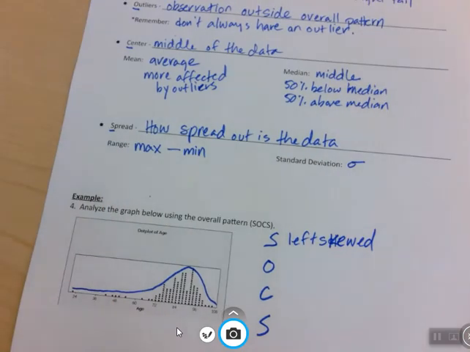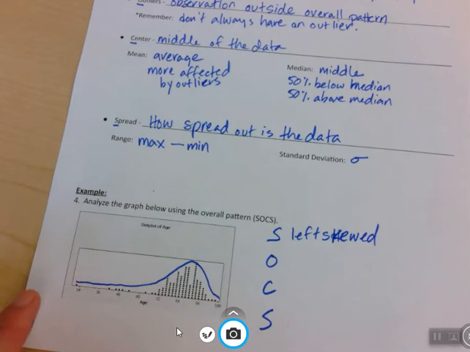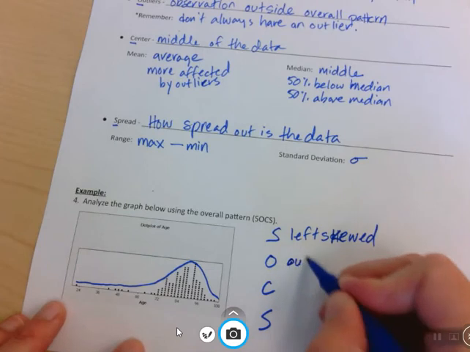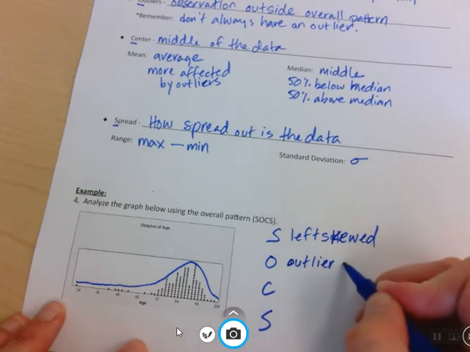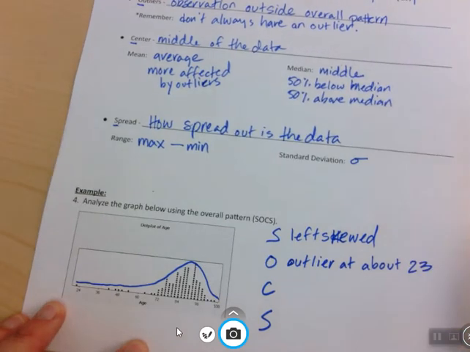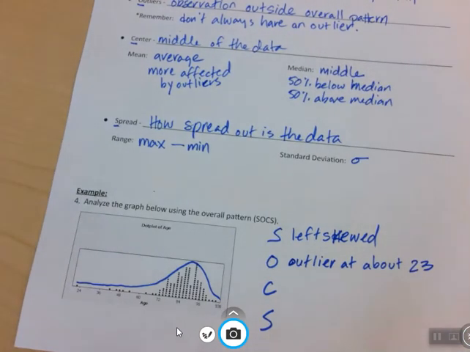Next one is outliers. Do we have an outlier? We do have one data point that's really far from the others. It looks like it's about what number? So outlier at about 23. Okay. Looking at this, it would be really hard to find the mean.